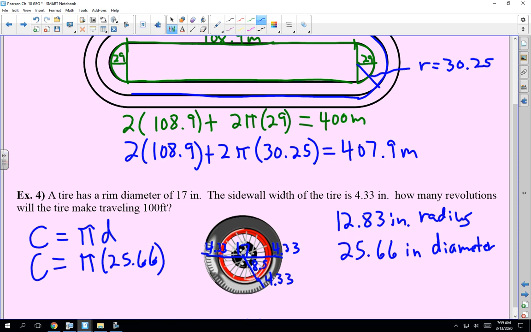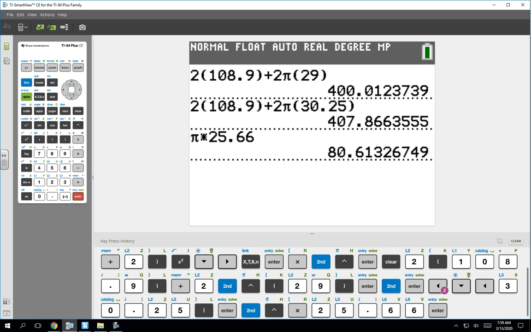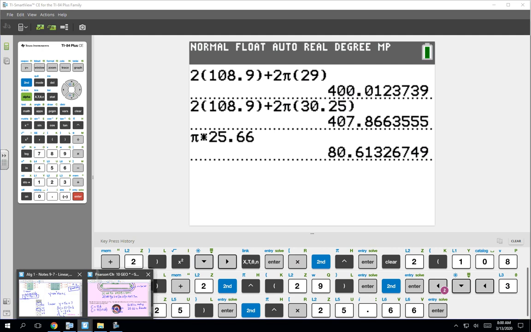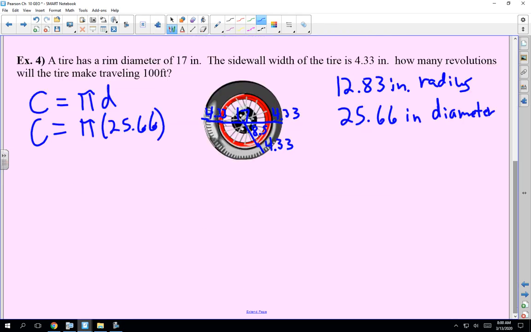So on our calculator, pi times 25.66 gives us about 80.6 inches. So that 80.6 inches is one revolution.